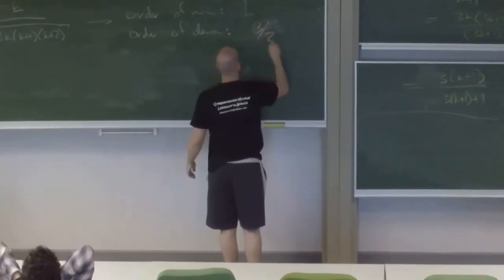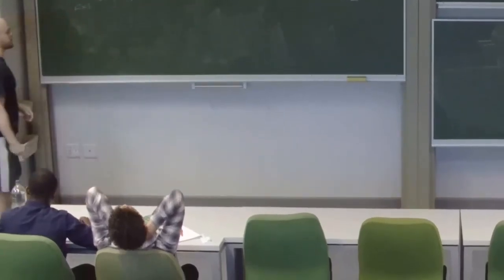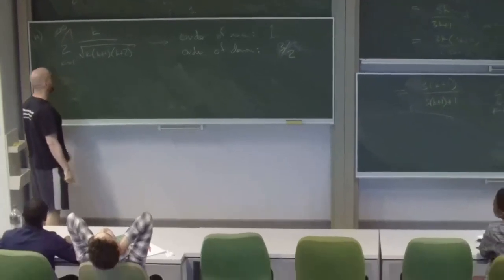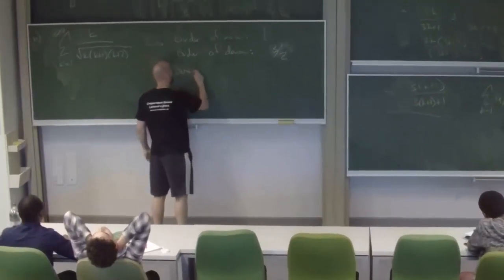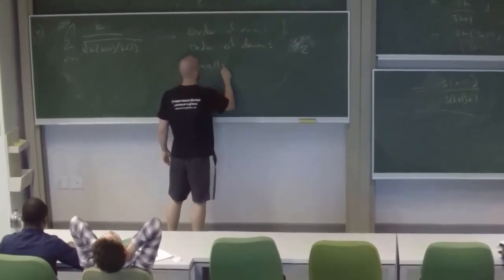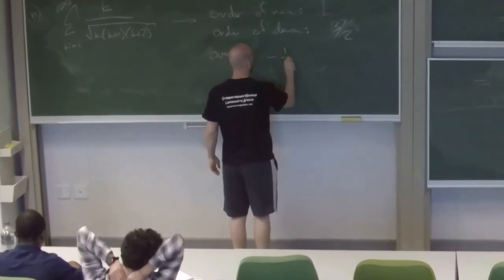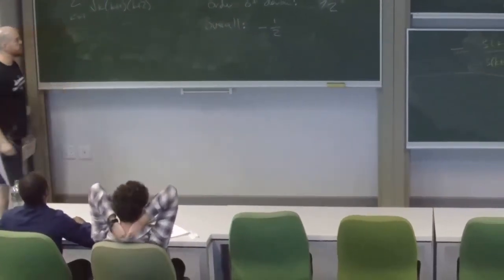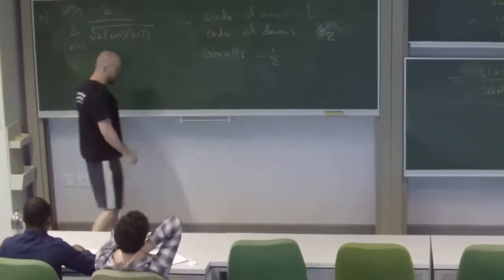This is just me roughly thinking about how this thing approximately behaves as k gets large. So the overall order is numerator minus denominator.